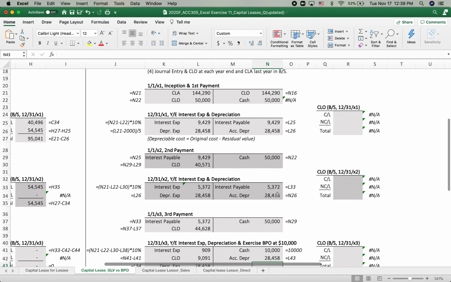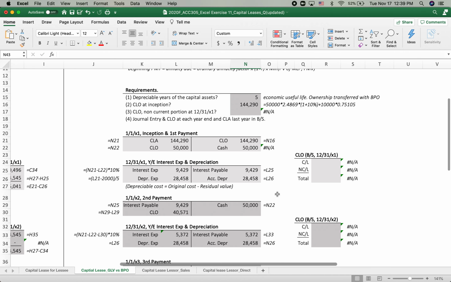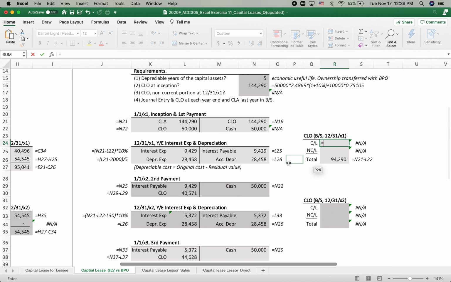So let's see, how do we present the CLO in the financial statement? The CLO total amount, we started from this, at the end of year 1, should be reduced by 50,000. Then in the current liability section, the CLO is going to be the next payment during year 2.